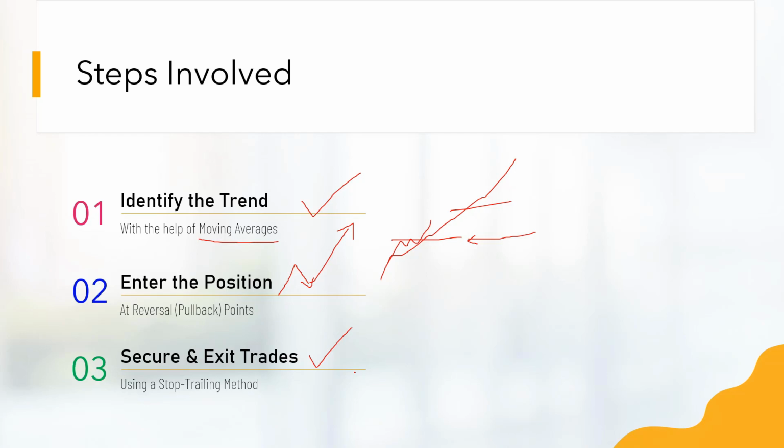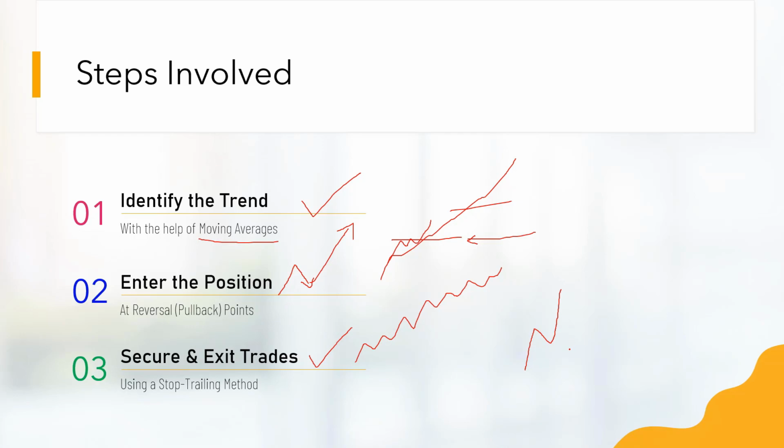Since we are talking about trading with a trend, we have to make sure that we are able to travel with the trend as long as possible, right? Because if you are a momentum trader, then it is possible for you to pick up a trade and book some small profits and get into the next trade as it comes your way. But in trend trading, this is not the case.